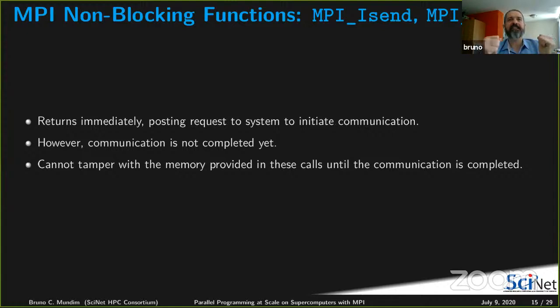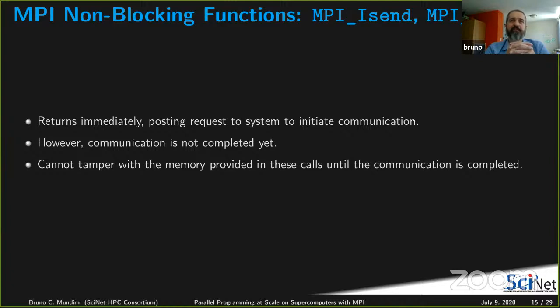The basic idea is that when I call these MPI functions, MPI_Isend and MPI_Irecv, they return immediately. It just requests the communication to start and returns control to the calling function. The communication is not complete when it returns, so you need to be very careful with the buffers that you are sending the data from.